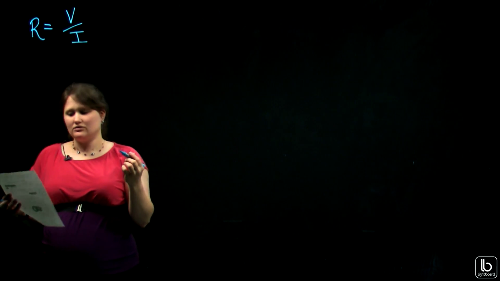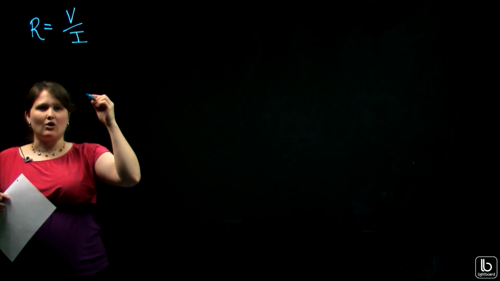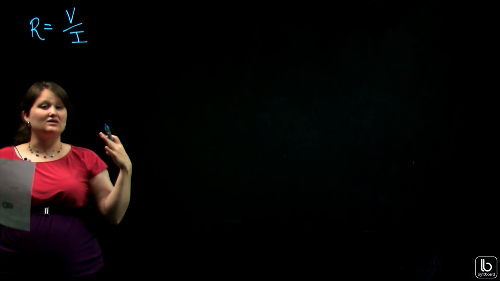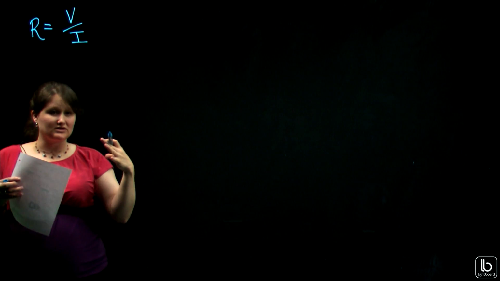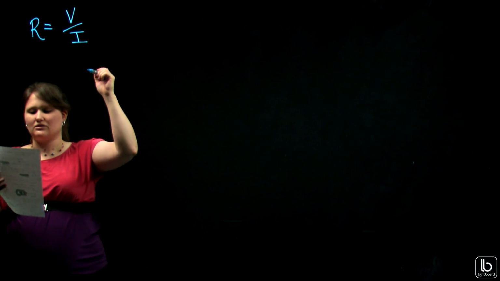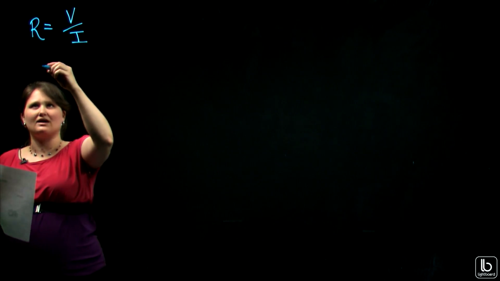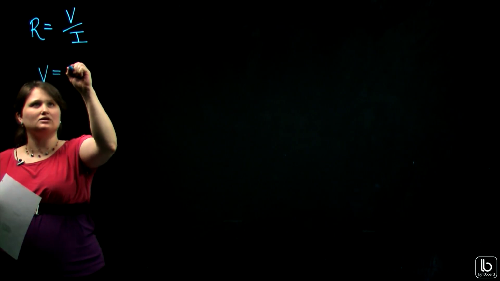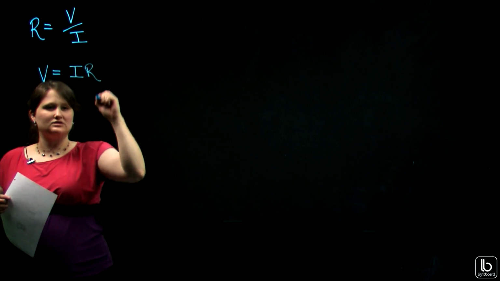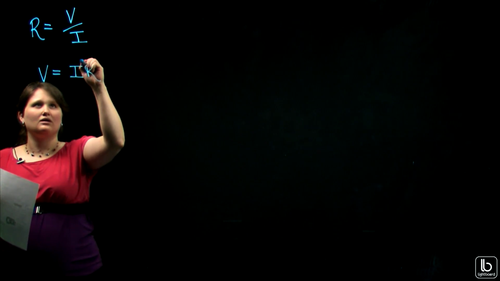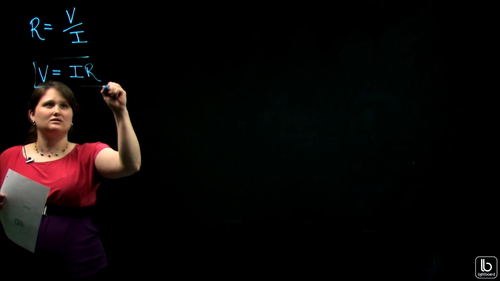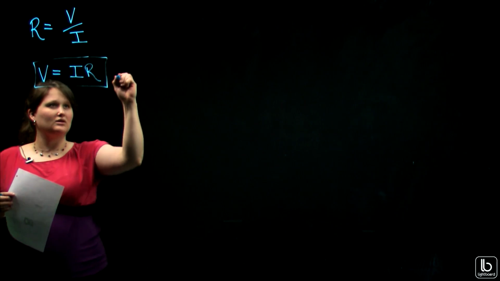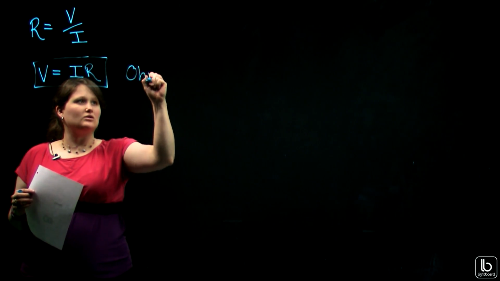Now, this is useful, but for ohmic devices, we say that the resistance is constant. So we're going to rewrite that and say that voltage equals current times resistance. This, yet another equation worth knowing, is Ohm's law.